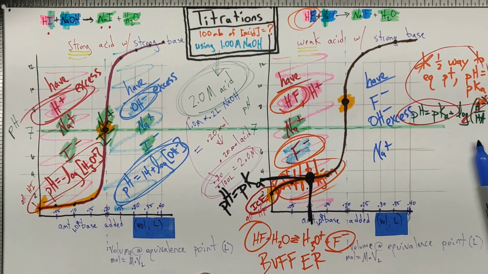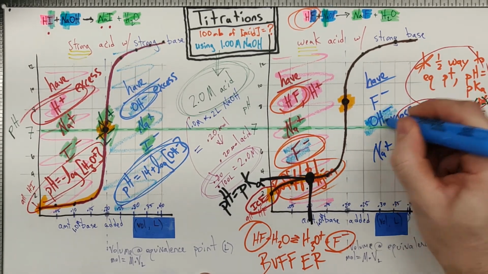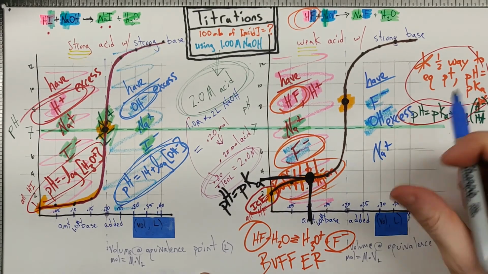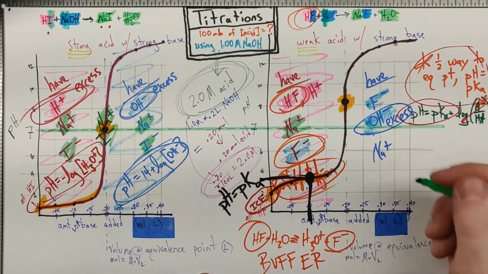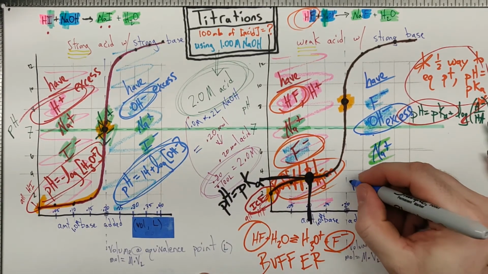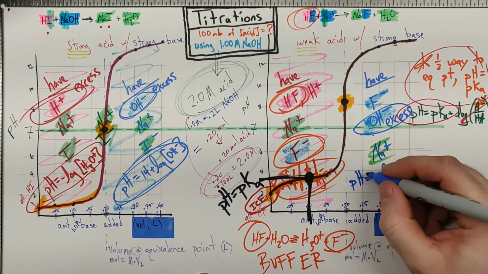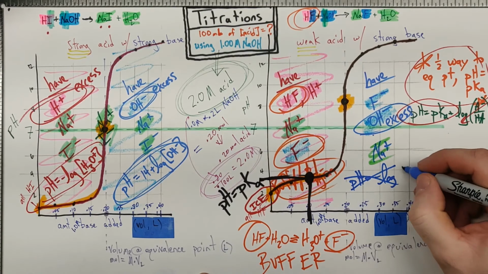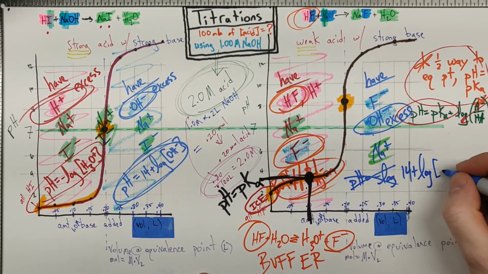This is what determines our pH. Even though the F minus is a base, the OH minus is our strong base, and that's our excess. And so our pH, just like it was over here, is going to be 14 plus the log of our concentration of OH minus.